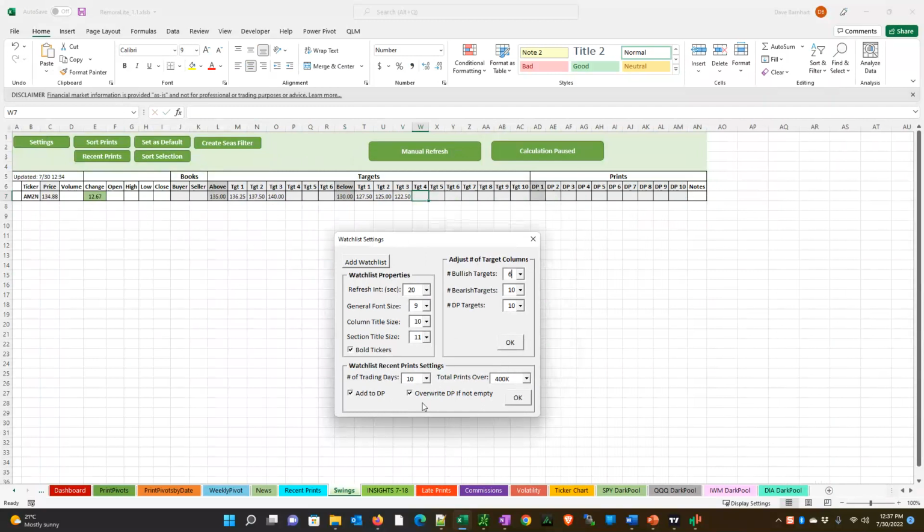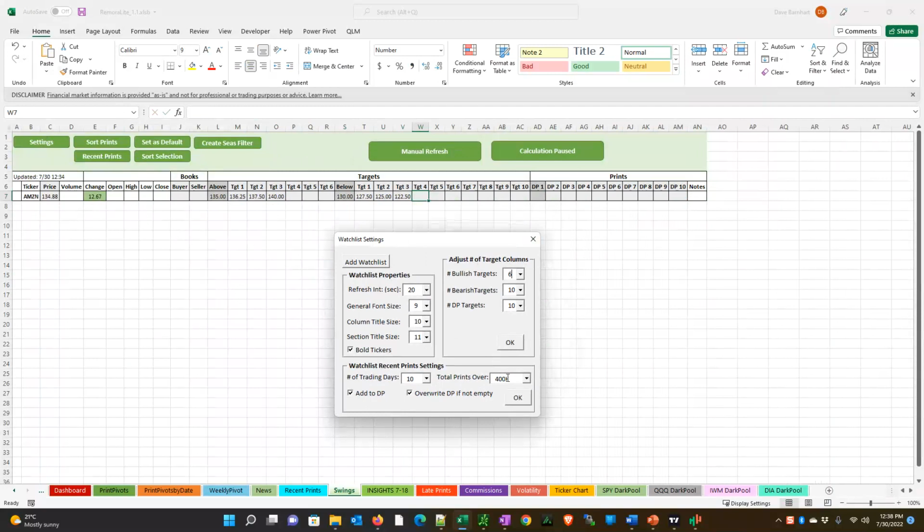Now, this is the important part when we do this with the watch lists. How many trading days back do you want it to populate prints in here? Well, I'm going to go 2 weeks, and I want prints over 400,000 for Amazon. And that's not bad for Amazon since they split, right? They went 20 to 1, I think.